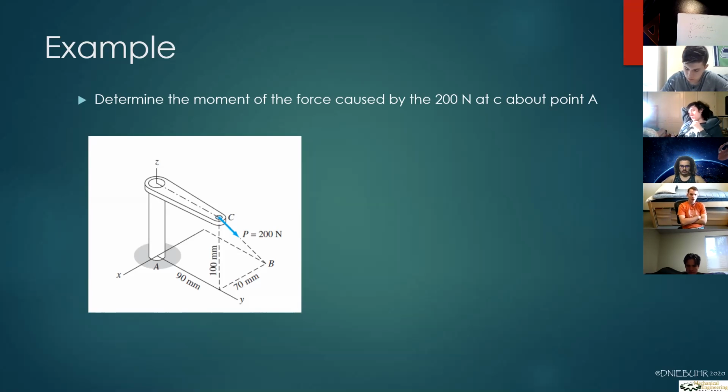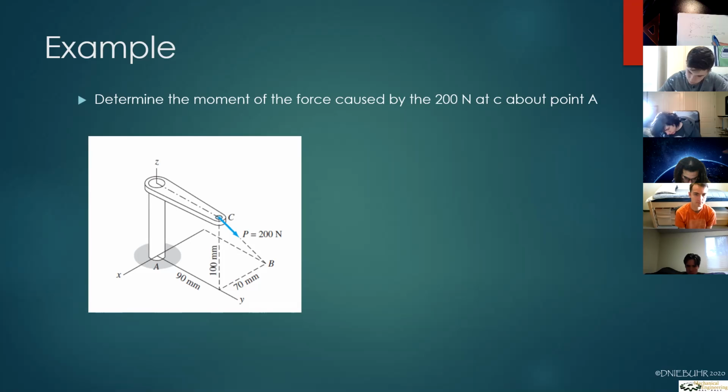If I look at the unit vector for this distance, I can see that lambda is just going to equal negative 70 I plus 0J minus 100K. And then if I square root it, I get 122.